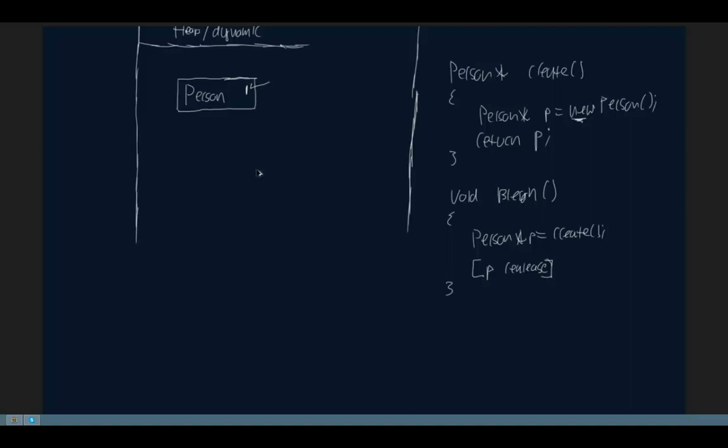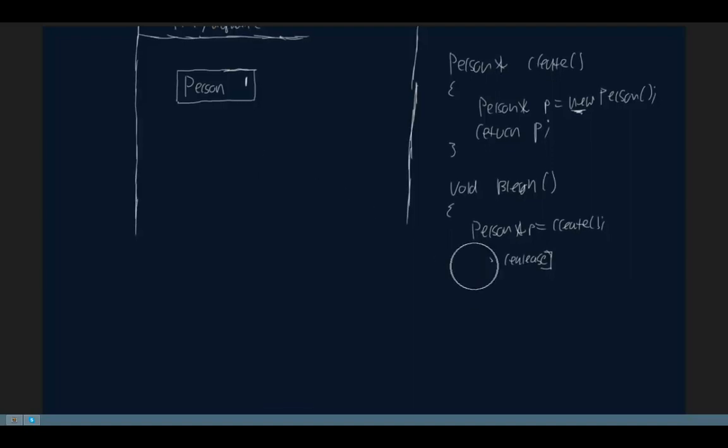But what if my bleh method had another object called people, with a reference count of 1?